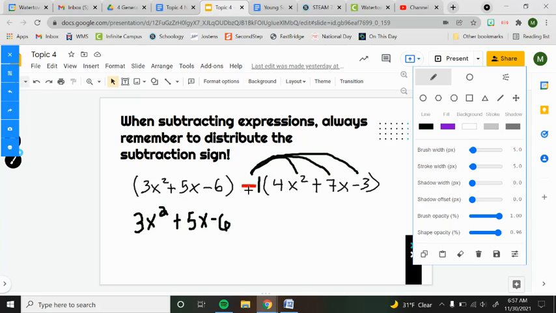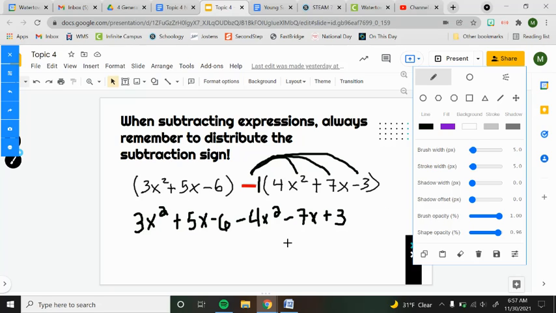Okay, so -1 times 4x squared is -4x squared. -1 times 7x is -7x. And then -1 times -3 would be +3.